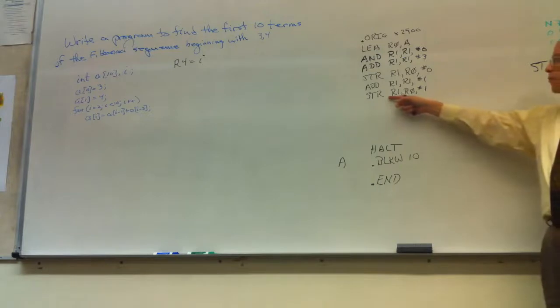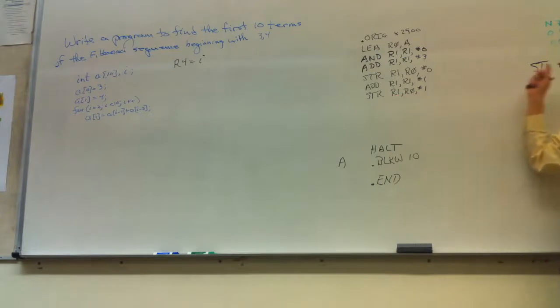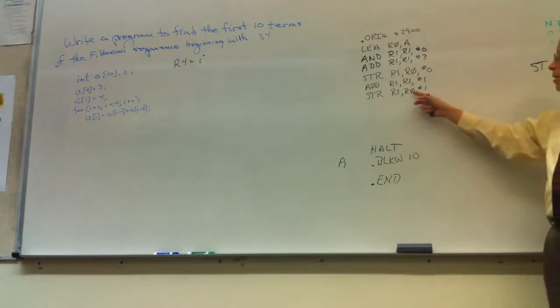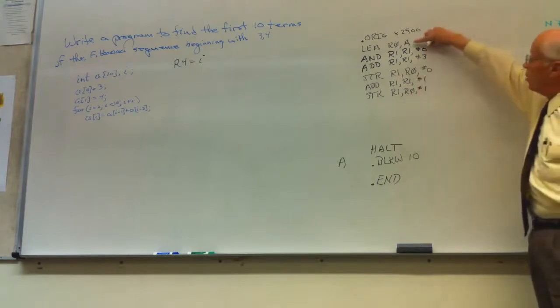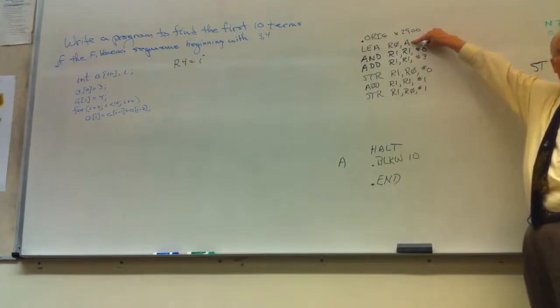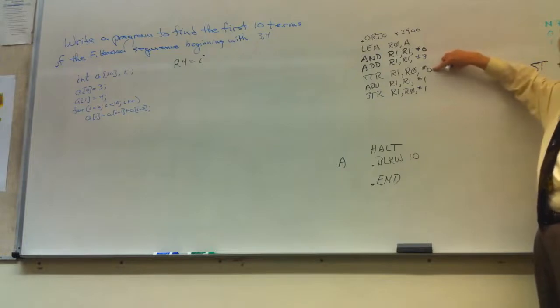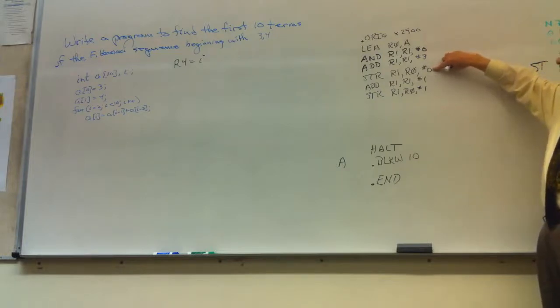Now, the thing that's different with this one is that instead of using the program counter, it uses the register that you specify. And since I loaded that register with the starting address of my array, this puts it right in the first word in there. This puts it into the second word.